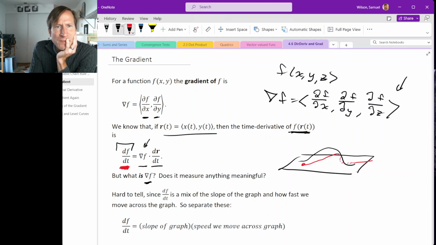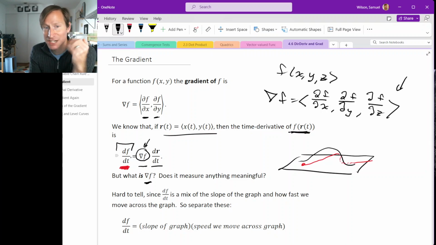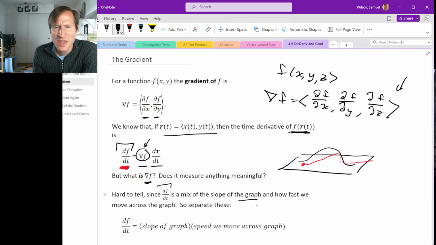So, if we want to get at what the gradient of f actually means, we should keep only the part of this derivative that is actually talking about the slope of the graph, and throw away the information that has to do with how fast we move across the graph. In general, the rate of change of a function with respect to time is the slope of the graph times the speed that we move across the graph.